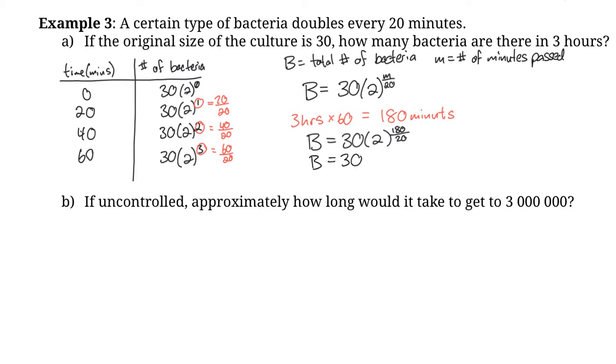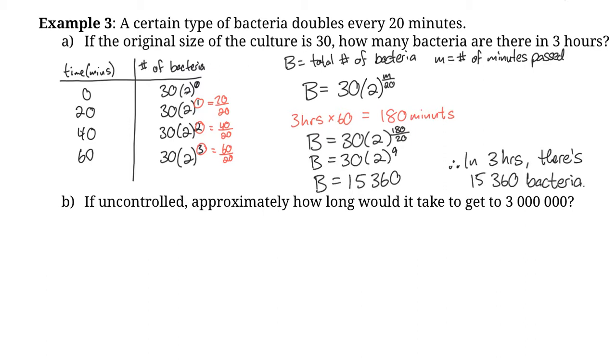And 180 divided by 20 is just 9, so our exponent is 9. So when we actually do that calculation, we're going to get 15,360 bacteria.